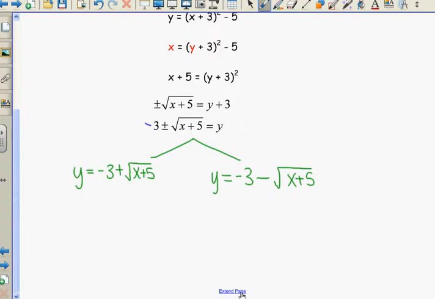Let me tell you about this. This guy, the one that has the positive root, represents the upper half of the sideways parabola.